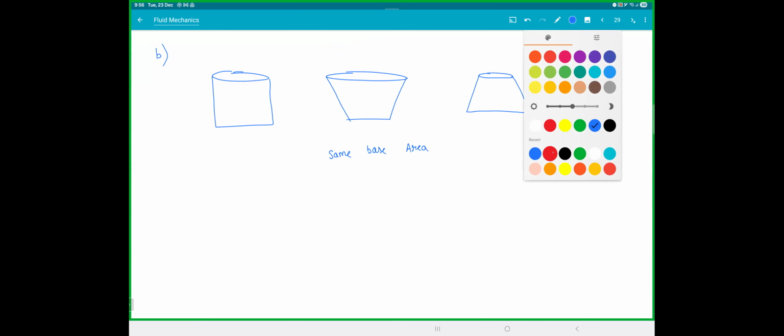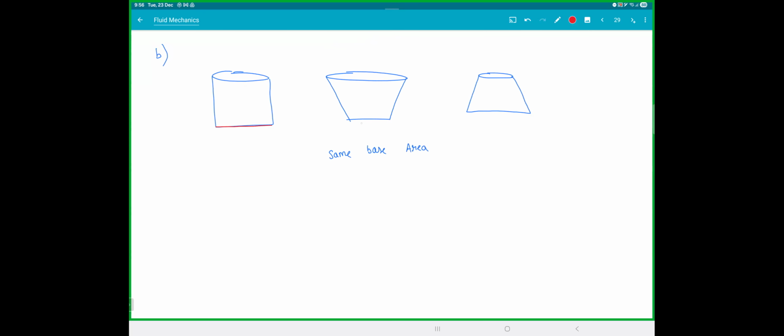It's not up to scale, but basically this area and this area are the same. This is point A, this is point B, this is point C. This is there in the 12th standard boards. They call this thing the hydrostatic paradox or something.